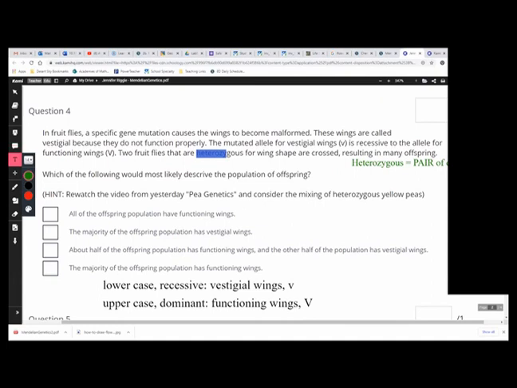We're not going to have two capitals and we're not going to have two lowercases. It's going to be one of each. So what letters should I use? Go ahead and tell me what you think I should write for a heterozygous wing shape if recessive is lowercase v and dominant is capital V.